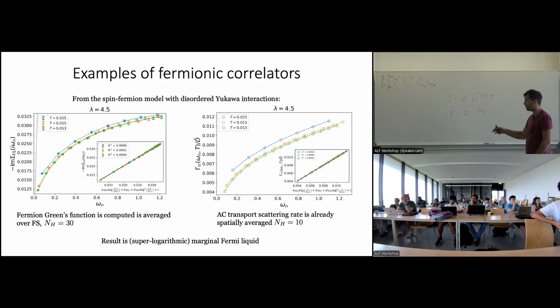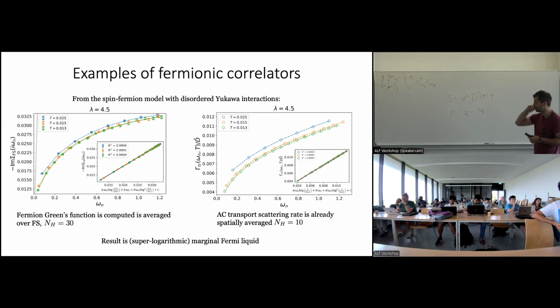It's a slow crossover to a Fermi liquid. In the middle, we didn't go far enough to see an explicit Fermi liquid form. So it's some kind of crossover function that can be equally well fit by a marginal Fermi liquid or Fermi liquid form. But it's clearly something in between.